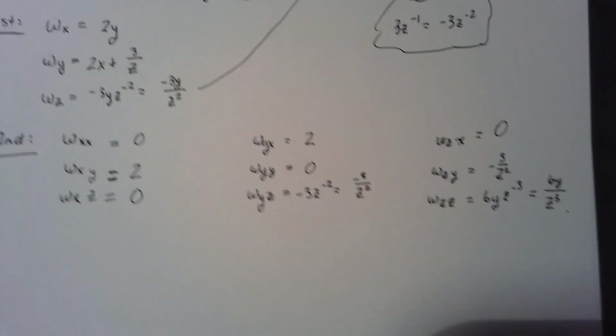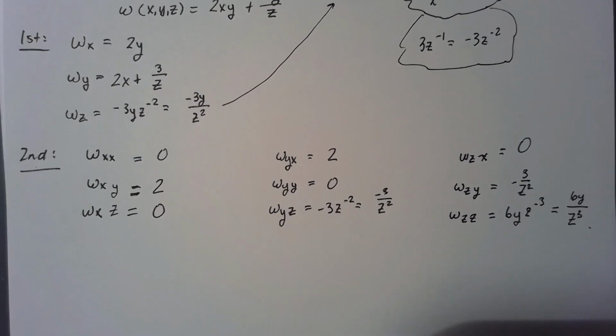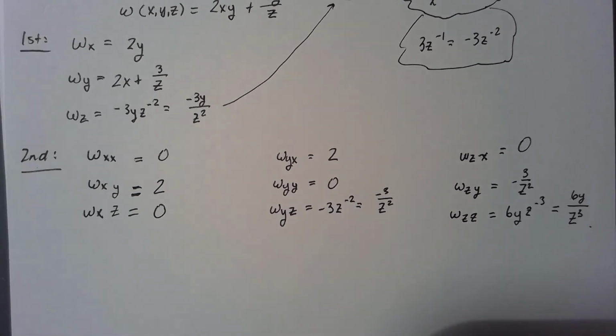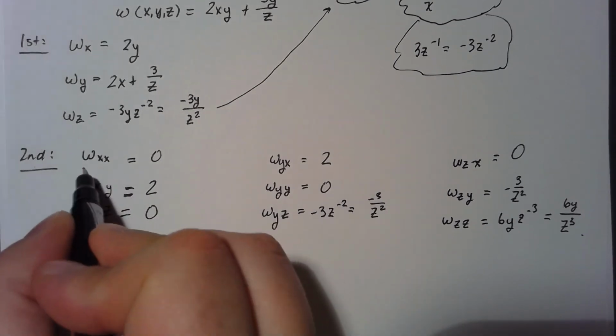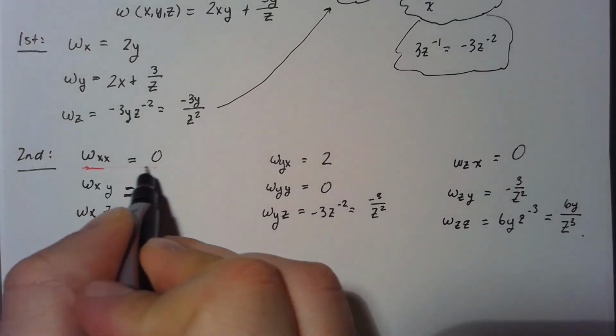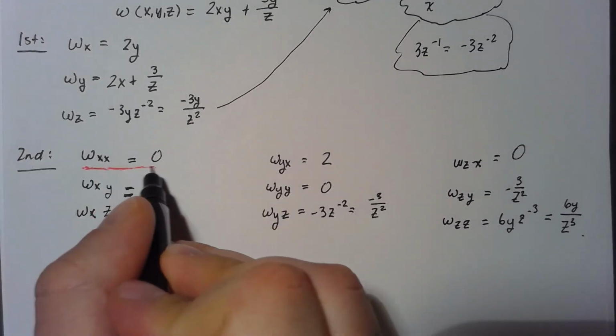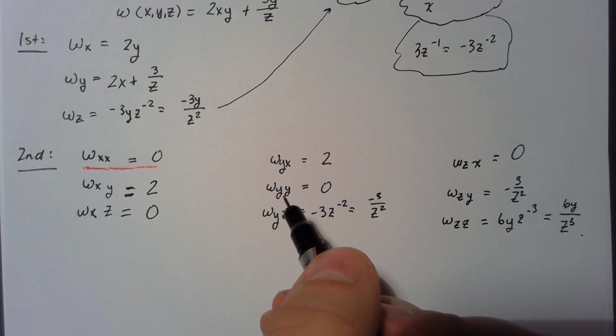So those are the second derivatives, but I really only have 6 because some of them are equal to each other, right? So I'll just underline the unique ones that I have.